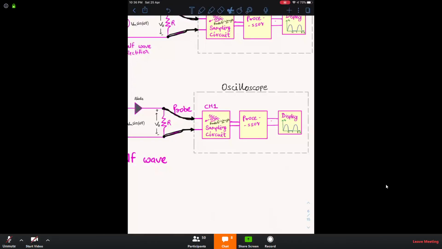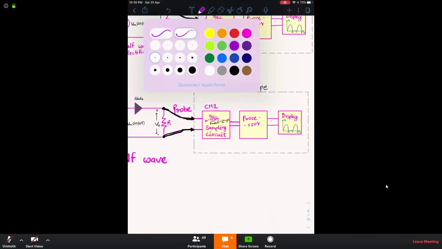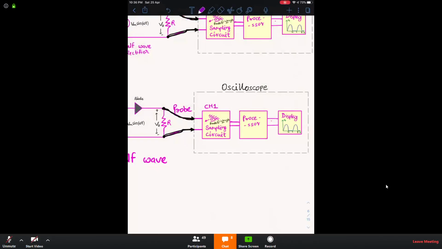Let's focus upon the main components of this oscilloscope, and we will see how we can replace those components with other ones which are really cheap and available to us.